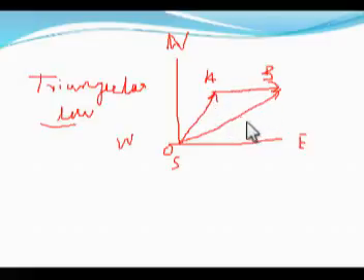So here the resultant is this vector, and these are the two vectors represented by two sides of the triangle.